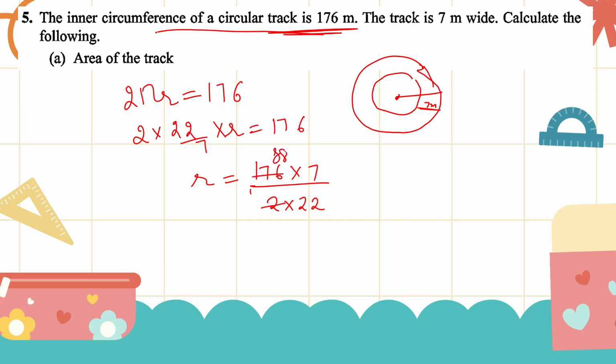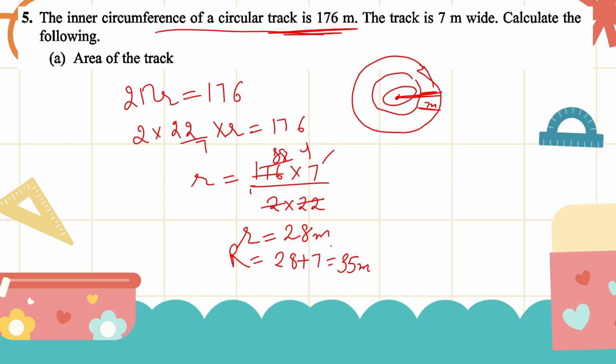It is 88 and 22. 4 times 22 is 88. r is, we are getting 28. This is the inner radius. Here is a 7 meter wide track also. It means the outer radius will be greater than the smaller radius plus 7, that is 35 meter.